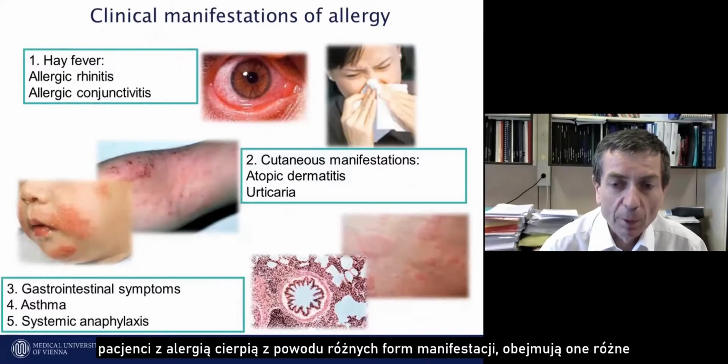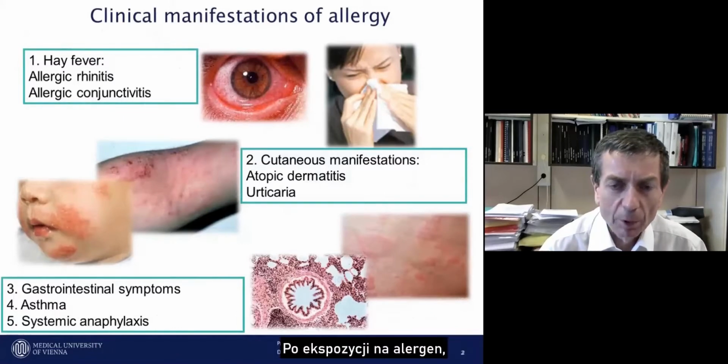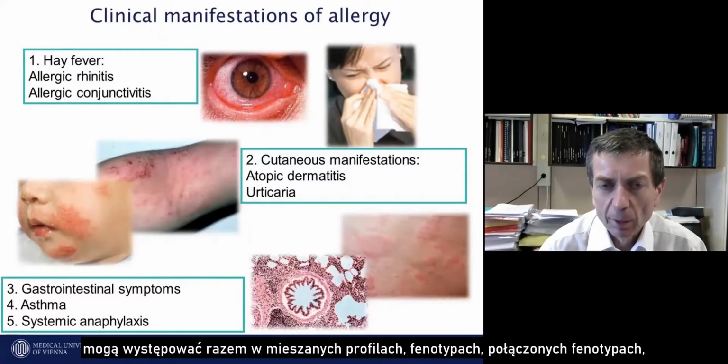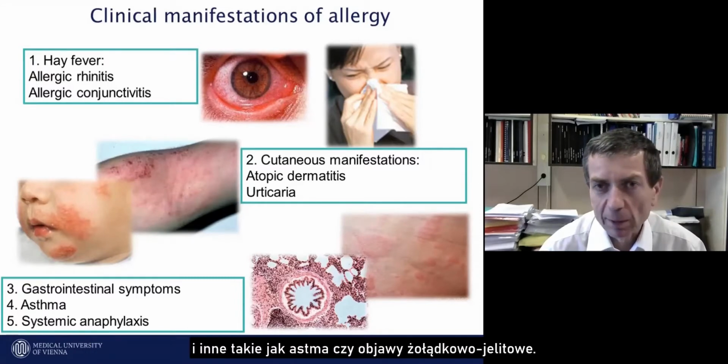They occur in different organs, they have different severity, and they change by time. Upon allergen exposure, they can occur together in mixed profiles, phenotypes, combined phenotypes, isolated phenotypes. The most common one, hay fever, cutaneous manifestations, also asthma and gastrointestinal symptoms.